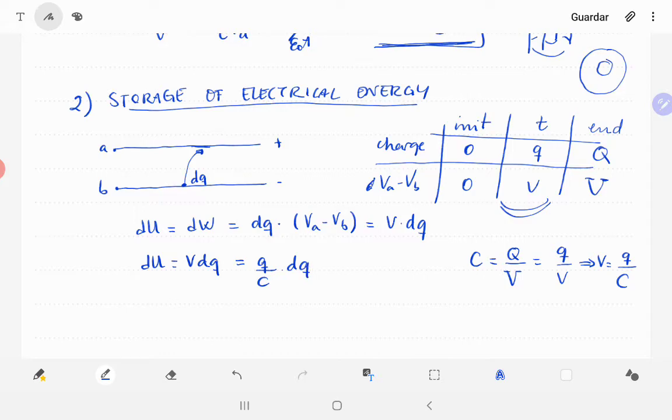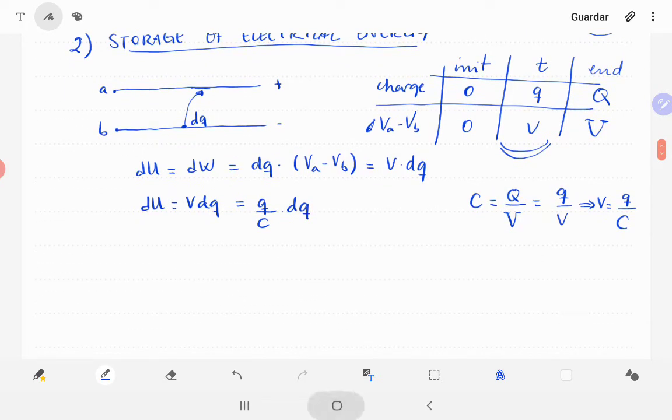Okay, so now to calculate the whole energy stored, we just have to integrate from 0 to the whole energy, and here from 0 to the whole charge. Okay, so this integral here from 0 to big Q is just equal to U, and this part of the integral is 1 divided by C, integral from 0 to big Q of Q dQ.